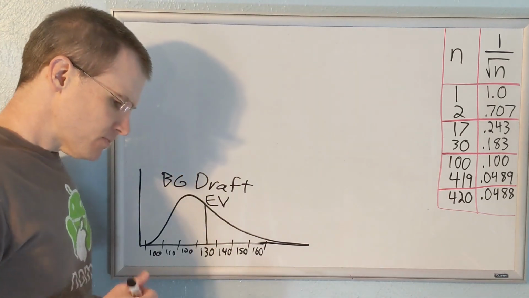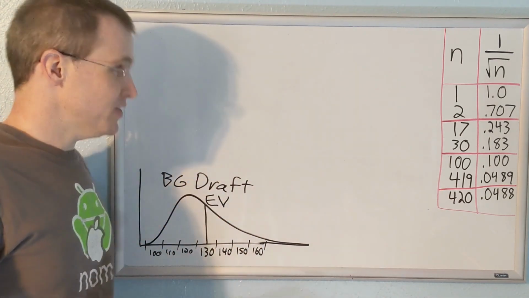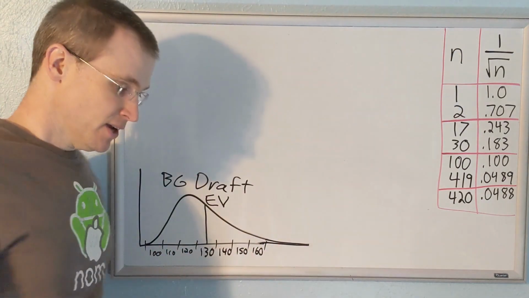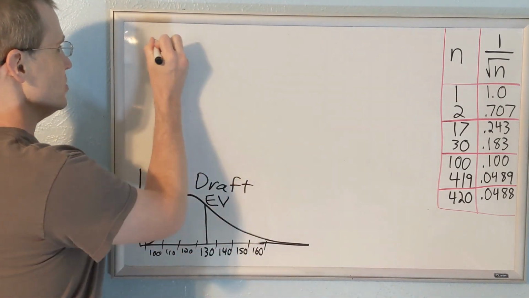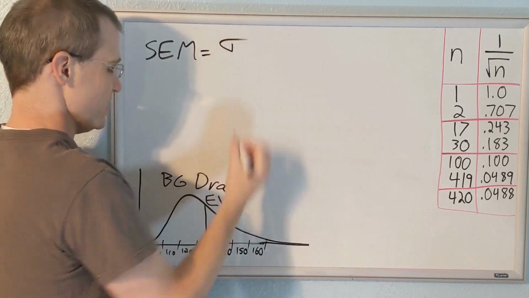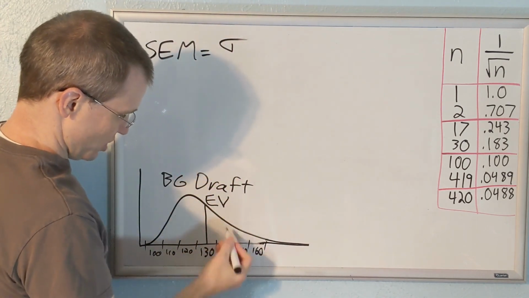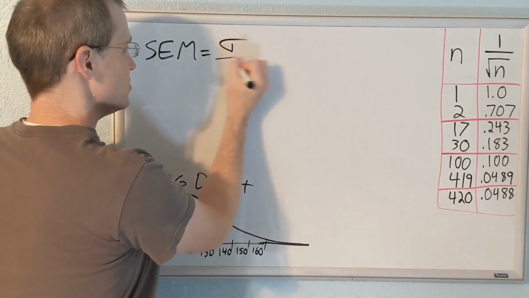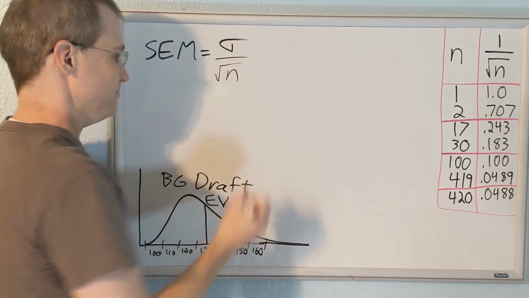And so in the previous video, which I'll link up there, we derived something called standard error of the mean. And that was going to be the standard deviation of these values divided by the square root of n.